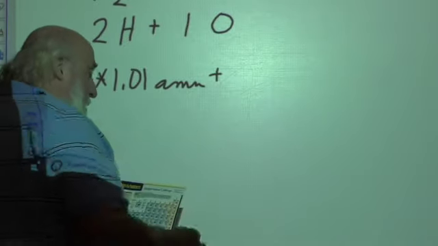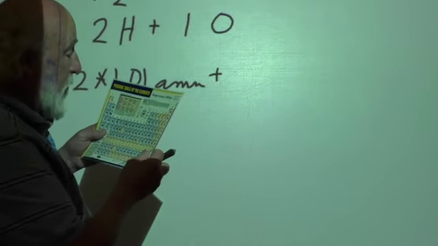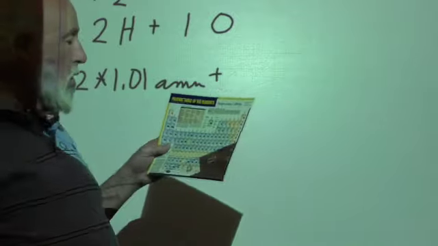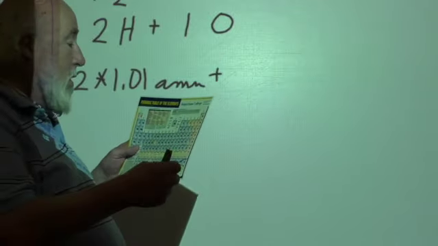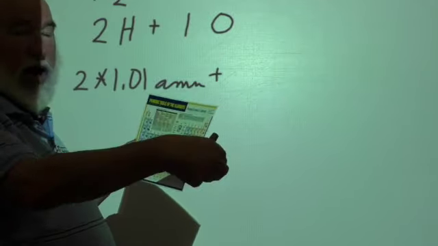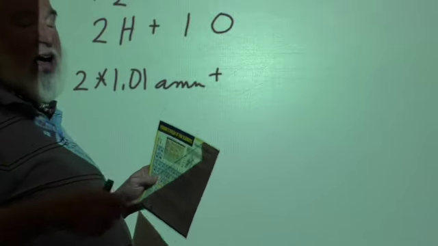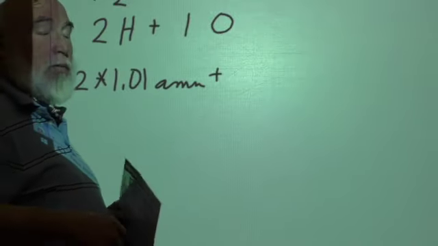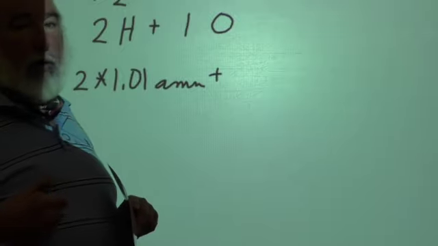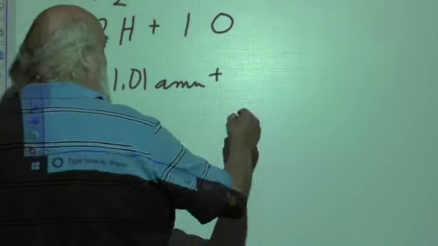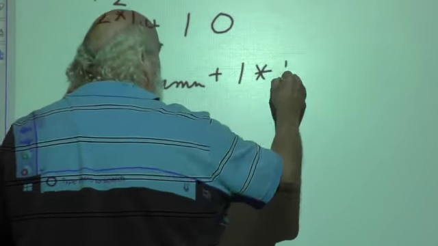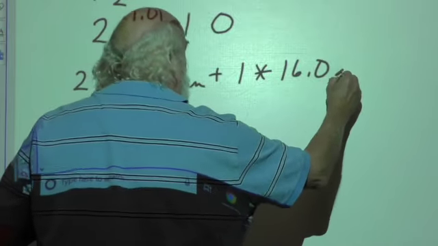Plus, now we go over to oxygen. Oxygen is 15.9994. Well, the first significant figure is 1, second one is 5, third one is 9. And the number next to the 9 is another 9. So the 15.9 gets kicked up by 0.1 to become 16.0. So we go 16.0 AMUs.